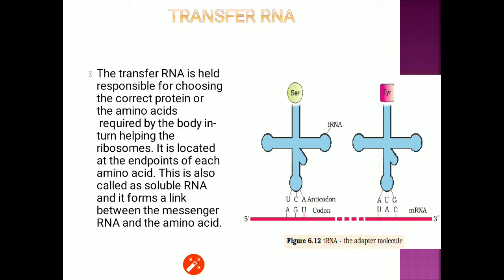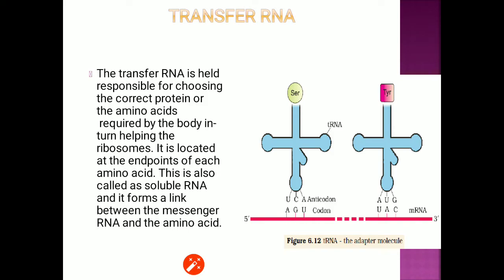In the figure, you are able to see the secondary structure of transfer RNA, which is the clover leaf model, and it has 4 arms and a short arm. At one end, there is a site where the amino acid gets accepted or attached.